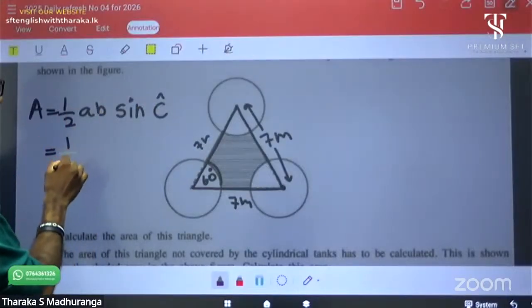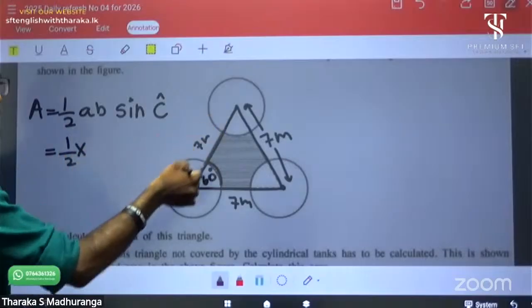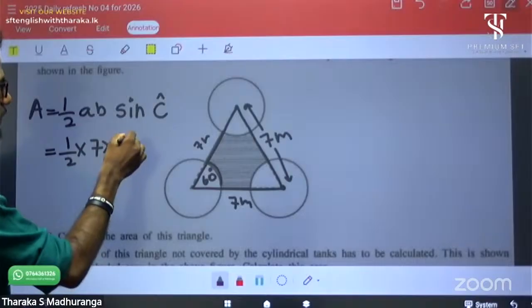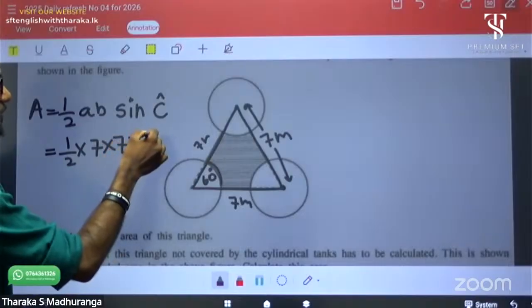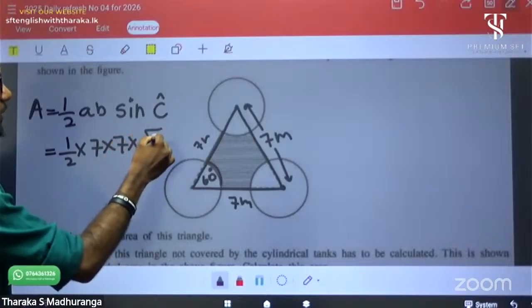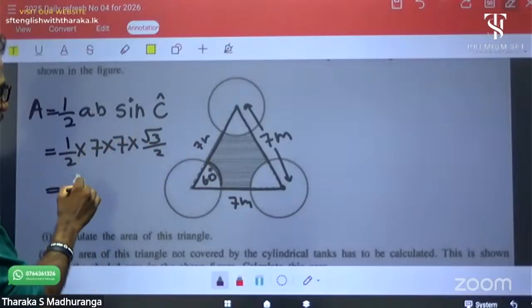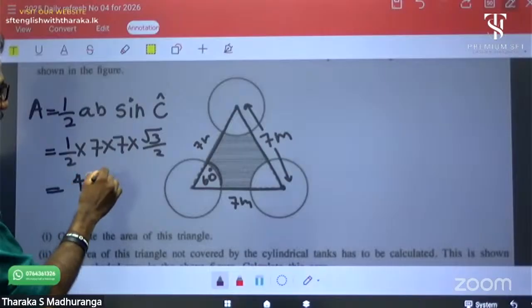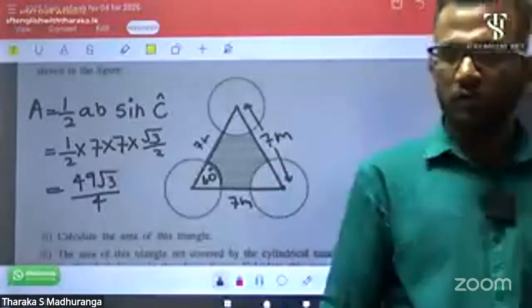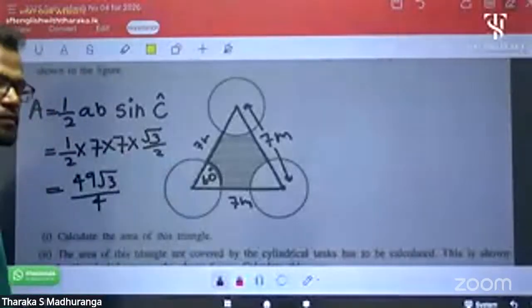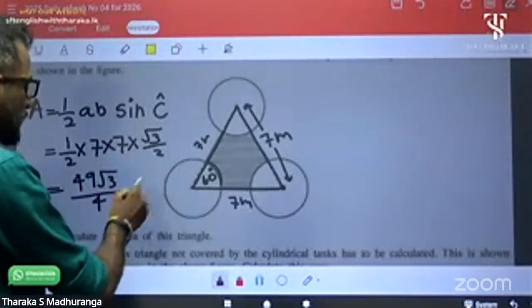Half into 7 into 7 sine 60. Sine 60 means root 3 over 2. Now 49 root 3 over 4. That's the area. You can use a calculator to get this answer.